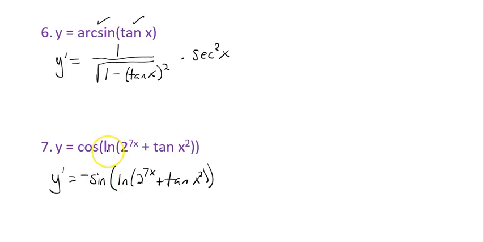Then the next layer is natural log. So times it by the derivative of natural log of this, which will be 1 over whatever that is. And now that takes care of the cosine, that takes care of the natural log. I move to the inside, and I'm finally on the very inside, so multiplying by parentheses this derivative.